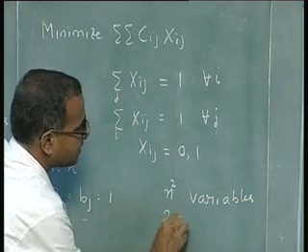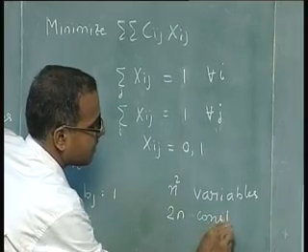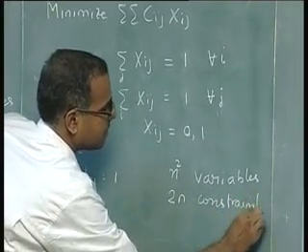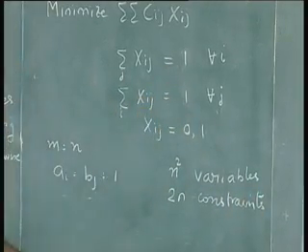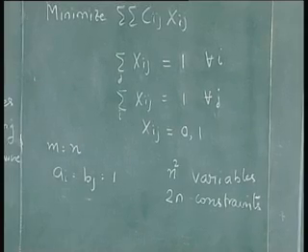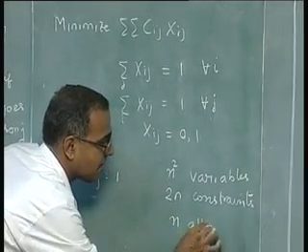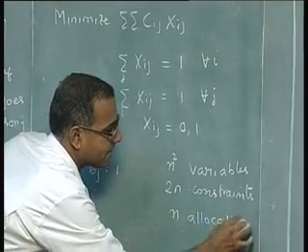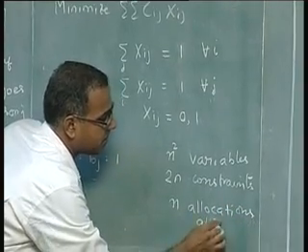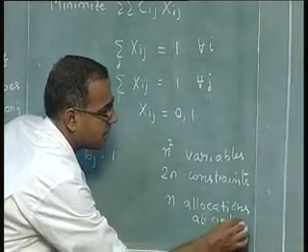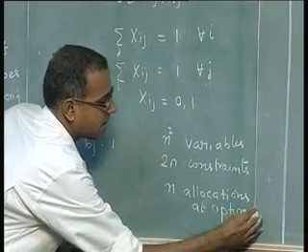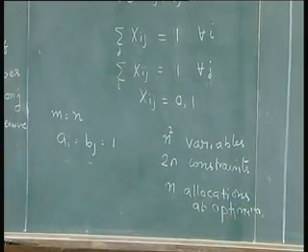We have 2n constraints, n for this and n for this, but the optimum solution, or every feasible solution, has only n allocations.